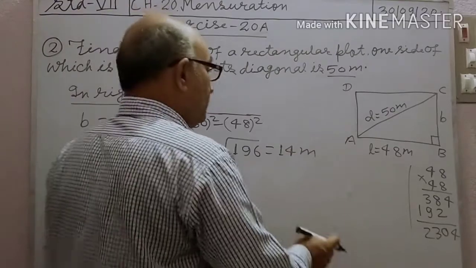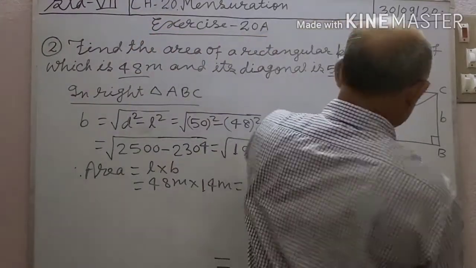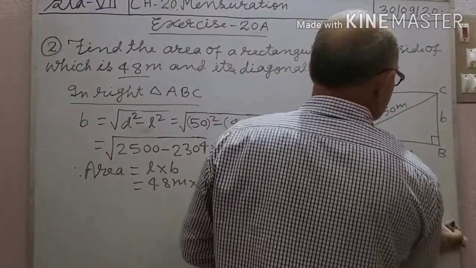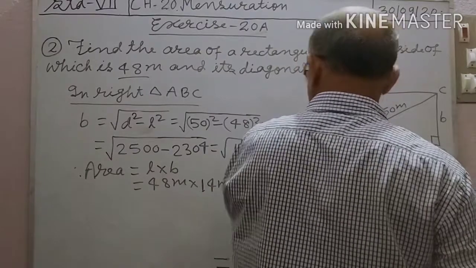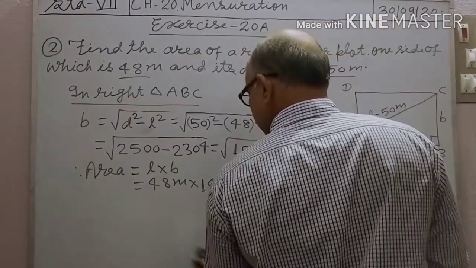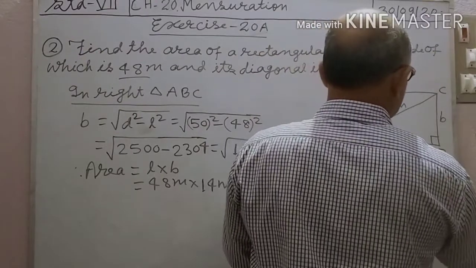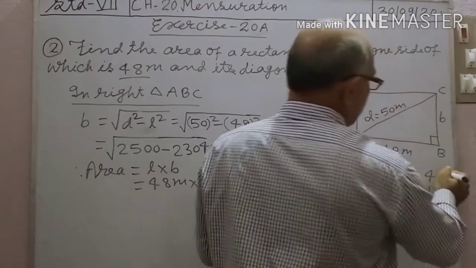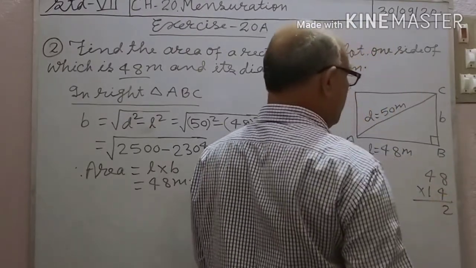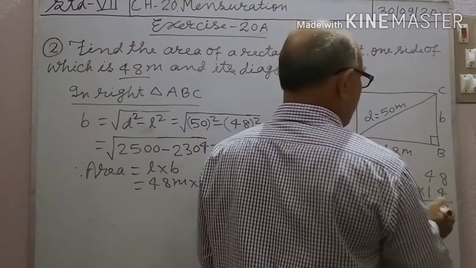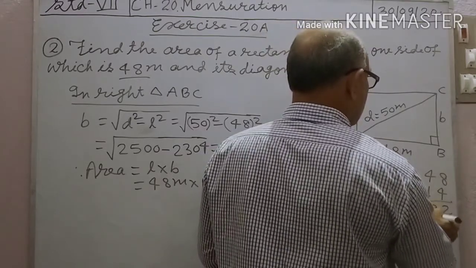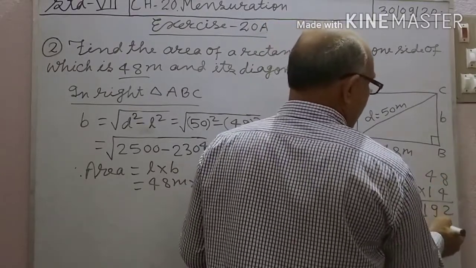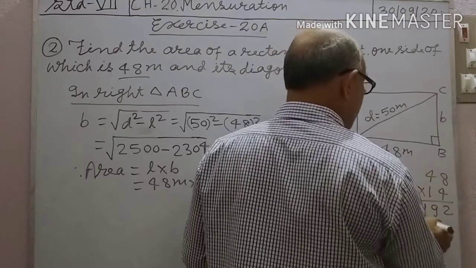So multiply 48 and 14. 8 4s are 32, write 2, carry 3. 4 4s are 16 plus 3, 19. 8 1s are 8 and 4 1s are 4.